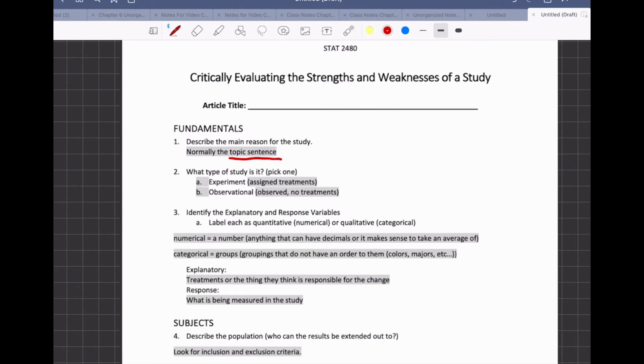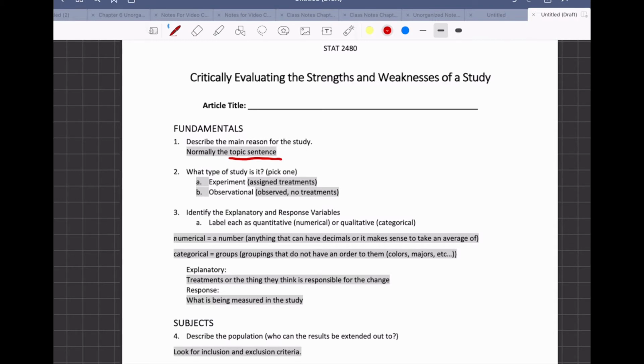Now, number two, what type of study is it? I told you before that we have essentially in statistics two main kinds of studies: random experiment, I know it says experiment only here, and observational.